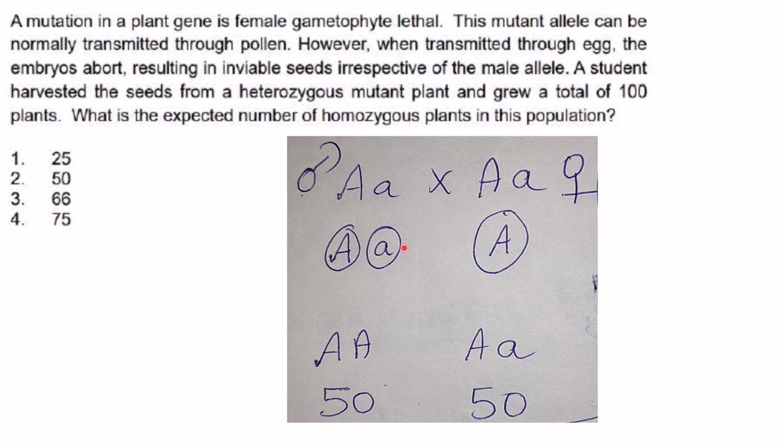But the mutant allele can be transmitted through the pollen, as they have mentioned in the question. So pollen will produce both. Now upon crossing you will get capital A capital A which is 50 and capital A small a which is 50. They have asked the expected number of homozygous plants, so it is 50. So the answer here is option 2, 50.